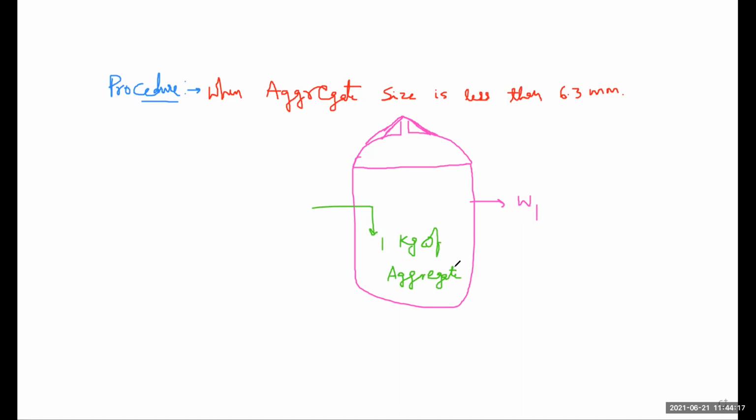Next, water at 27 degrees Celsius is filled in the pycnometer with the aggregate sample to just immerse the sample. First, we weigh this pycnometer empty. Second point is we take 1 kg of aggregate in this empty pycnometer.